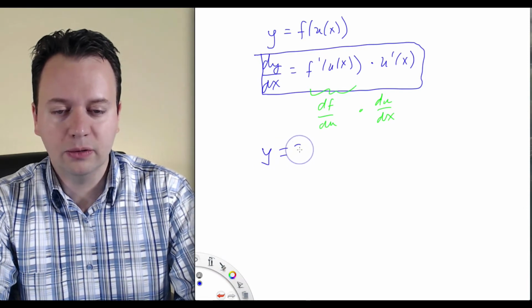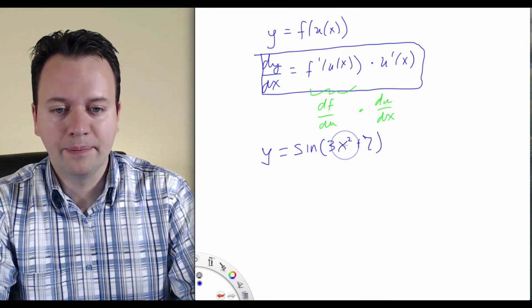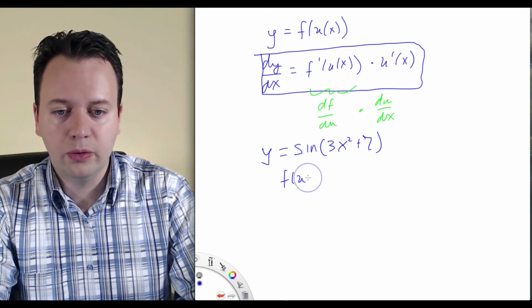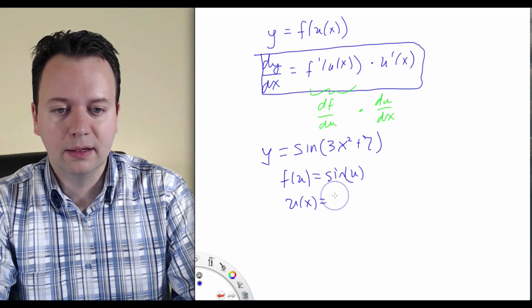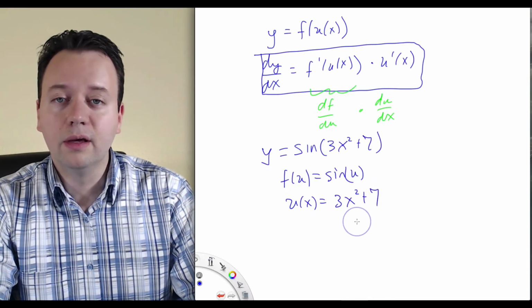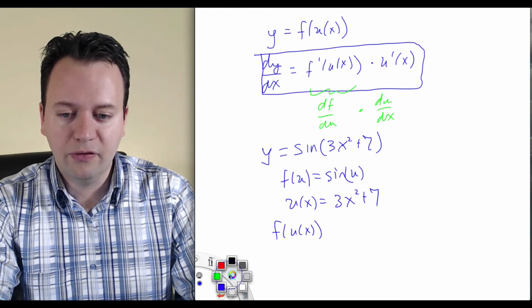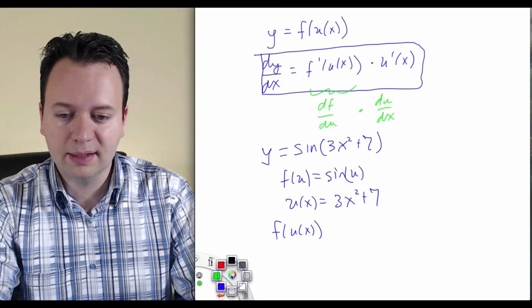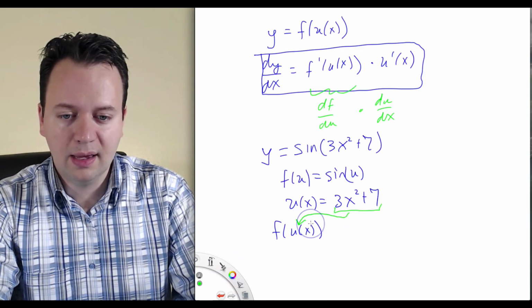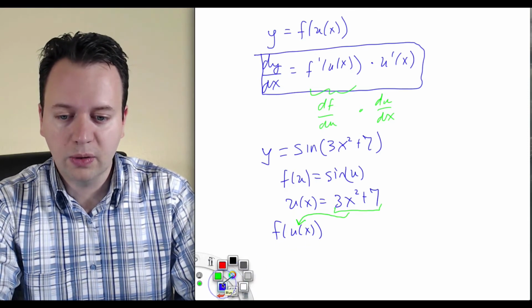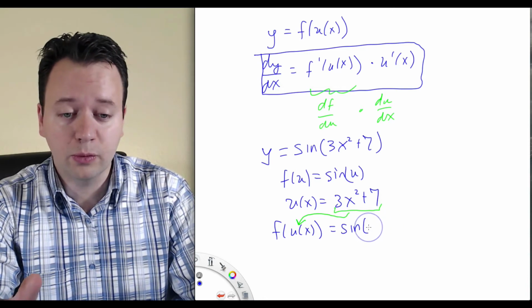If we have y is equal to sine of 3x squared plus 7, here again f of u was just sine of u, and u of x was 3x squared plus 7. So f of u of x is taking the input u of x, right? The 3x squared plus 7 is being inserted for u. So f of u of x is just the function f with the u's replaced with u of x.